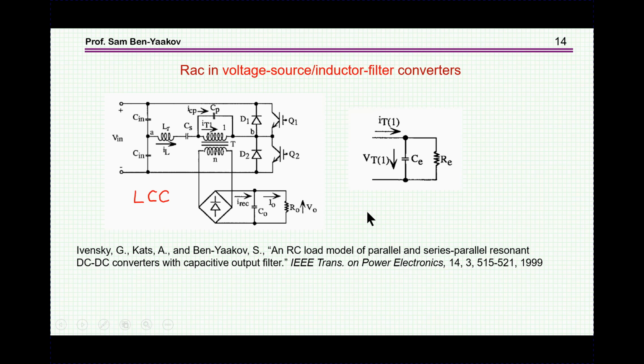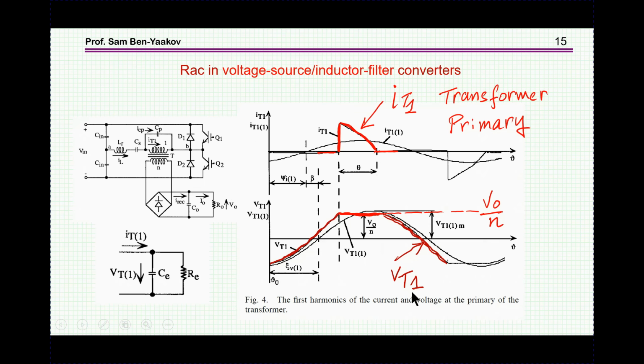As it turns out, to be correct, the loading is not just a resistor, but a resistor in parallel to a capacitor. So let me go through this model, but I'm not going into all the very fine details, which are kind of complex and lengthy. Let me just give here the final results.